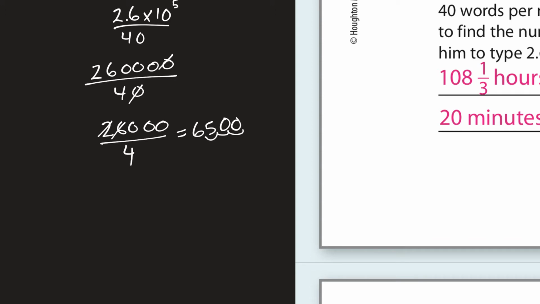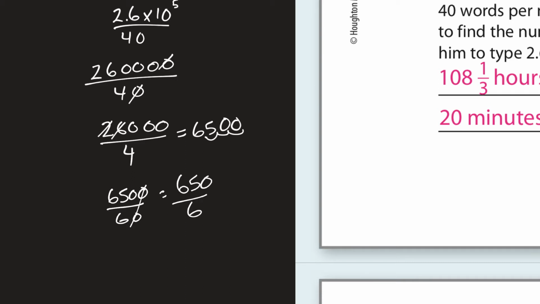So that's words per minute, and words per hour. I would then take 6500 divided by 60, and that's 650.